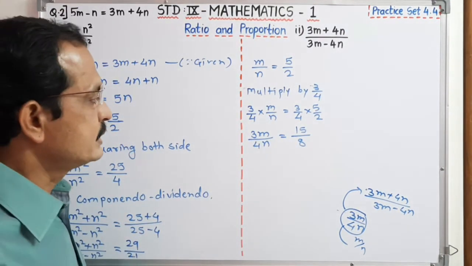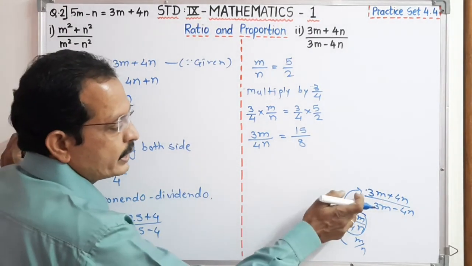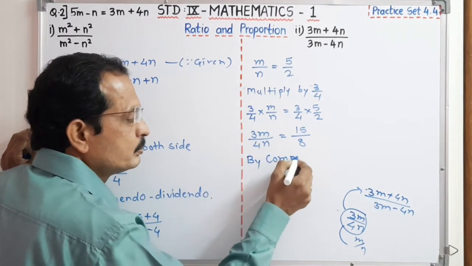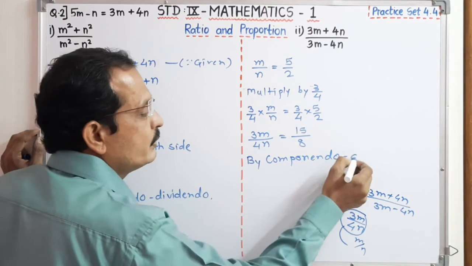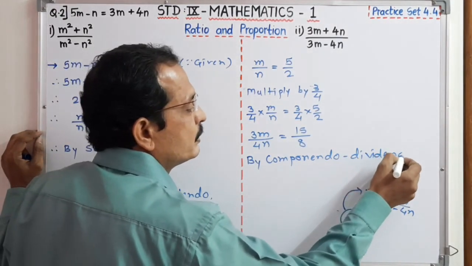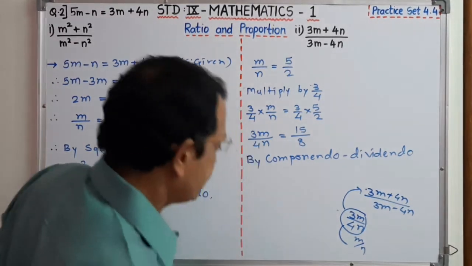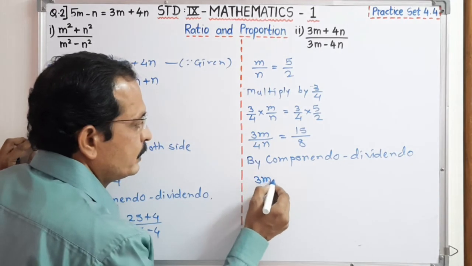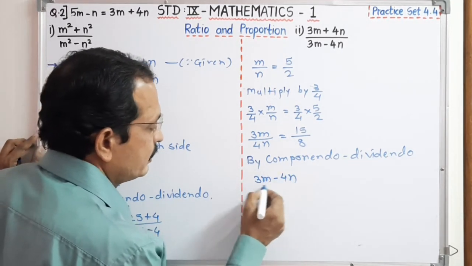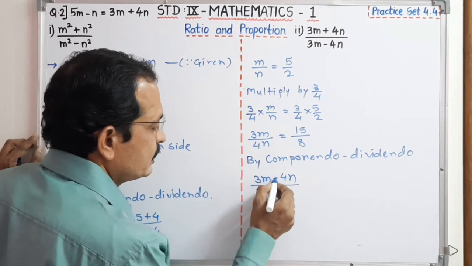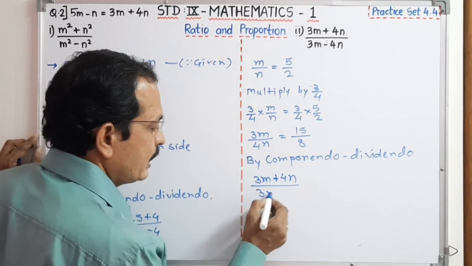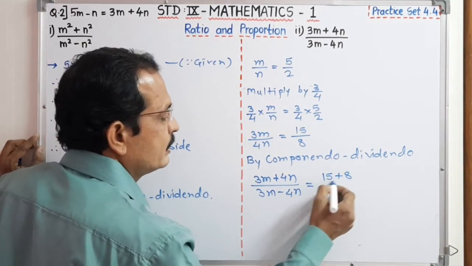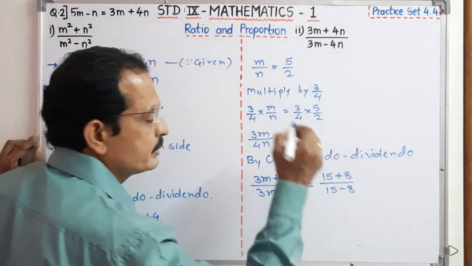Now dear student, see, we got 3m upon 4n, we require this, and for that we have to apply, yes, componendo dividendo. And dear student, we can write here 3m plus 4n and 3m minus 4n is equal to 15 plus 8 upon 15 minus 8.